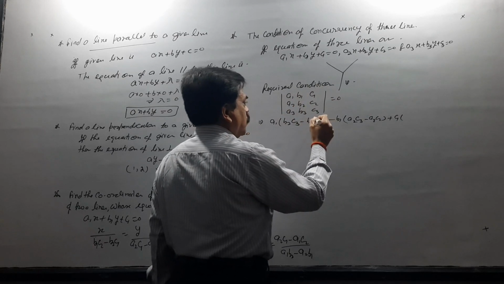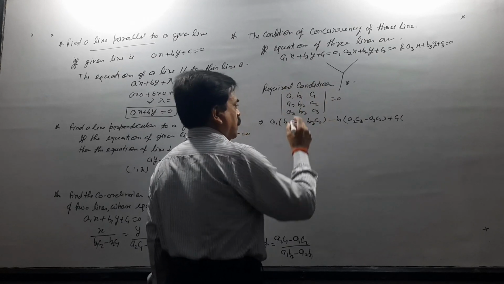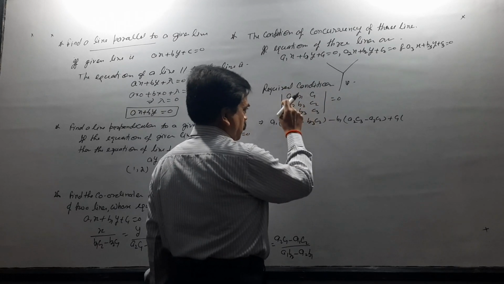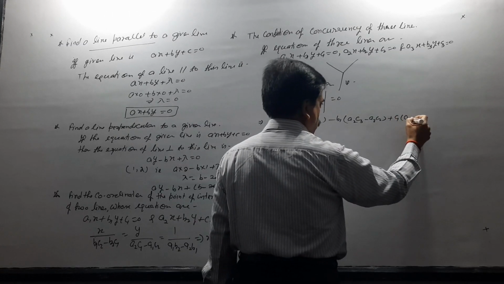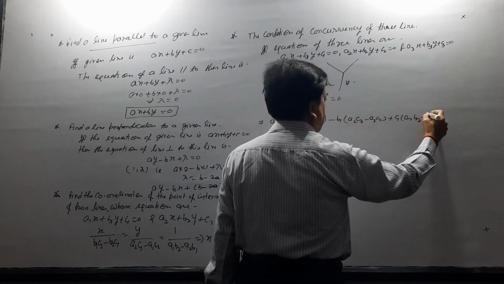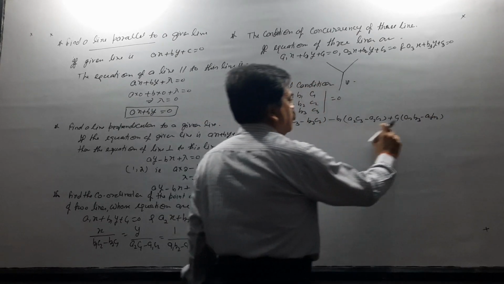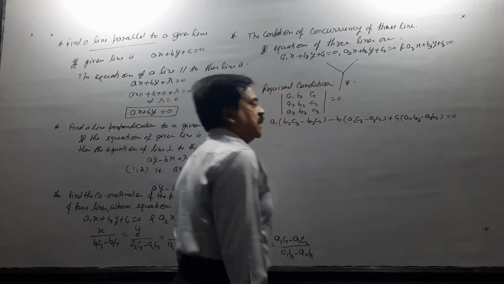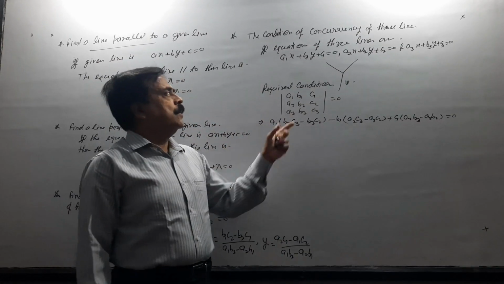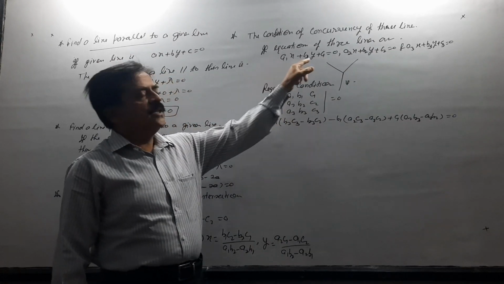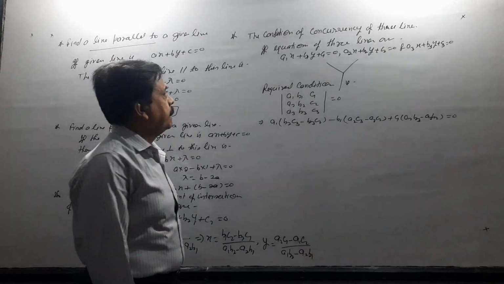Leave this row and this column, first row and third column, and cross multiplication of a2 b3 minus a3 b2. If this expansion is 0, this shows that three lines are concurrent.